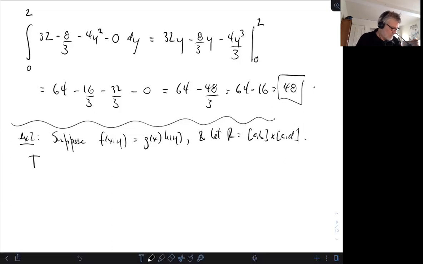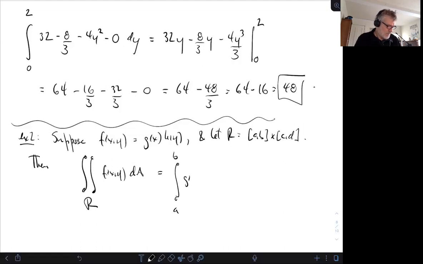Okay, so then the double integral over R of f of x, y is equal to the integral from a to b of g of x times the integral from c to d of h of y.